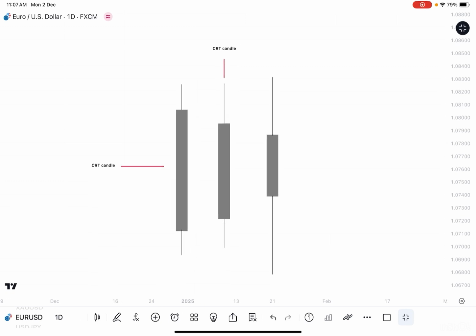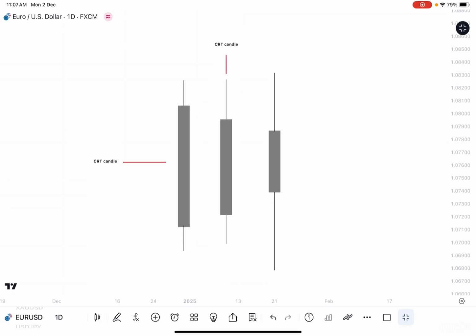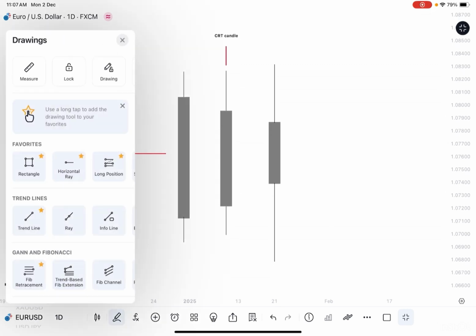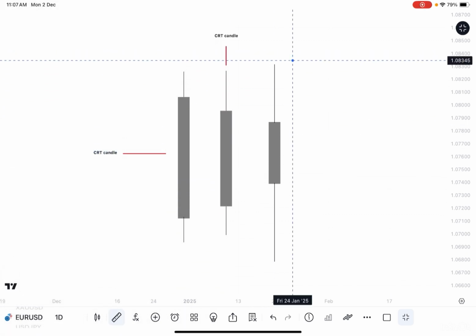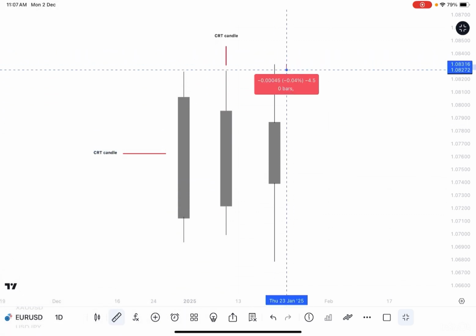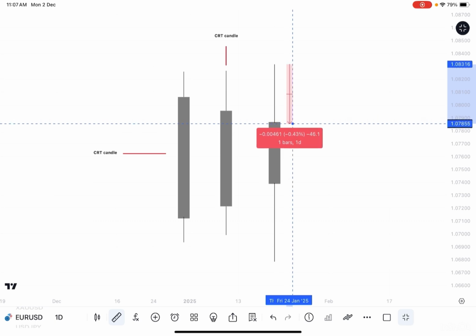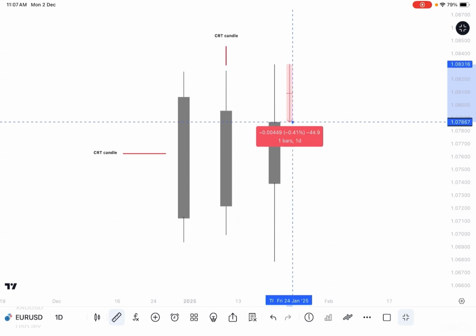CRT candle. Now we can measure the third candle. First we can measure both the wicks. By measuring the first wick present on the top, we got the point as 0.41.